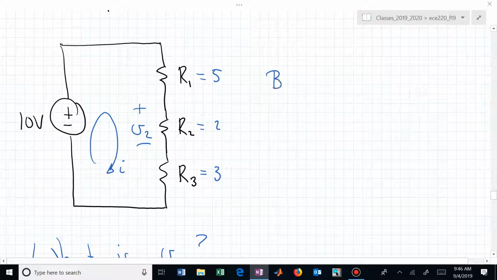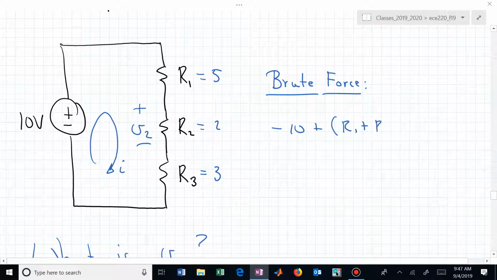Brute force, if we were wanting to know what V2 was, we could do a KVL. We'd say minus 10 plus R1 plus R2 plus R sub 3 times I is equal to 0. And this is 10.